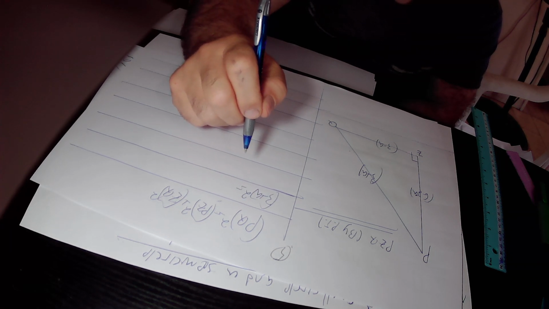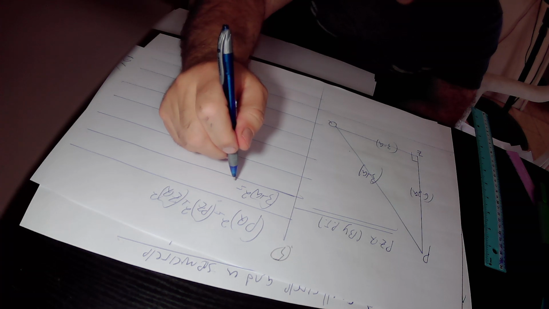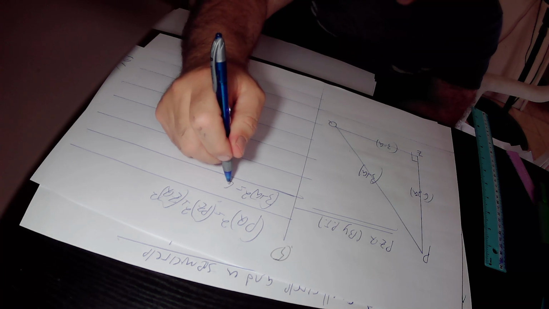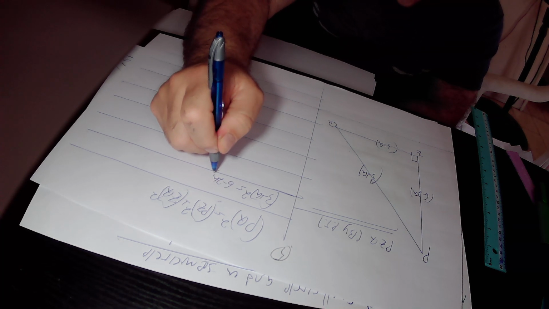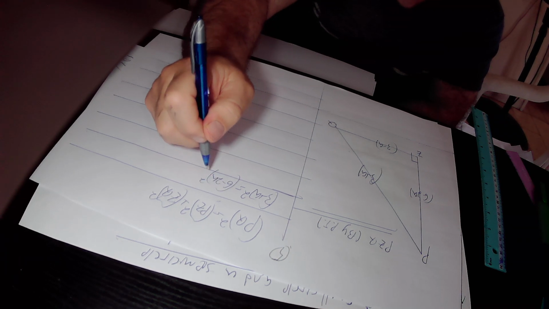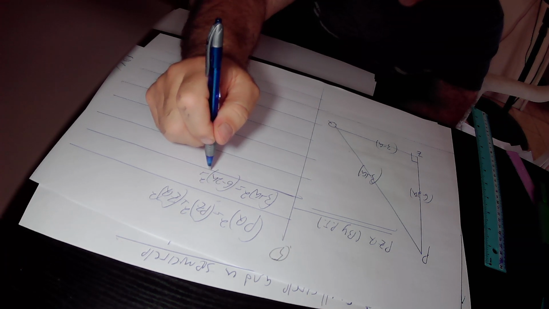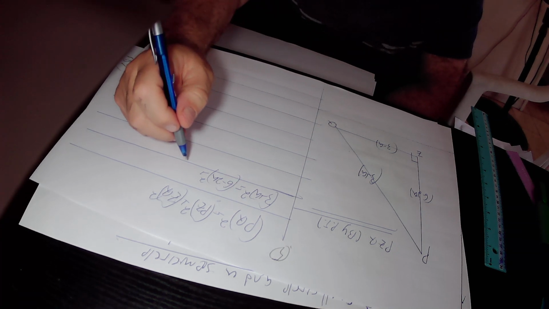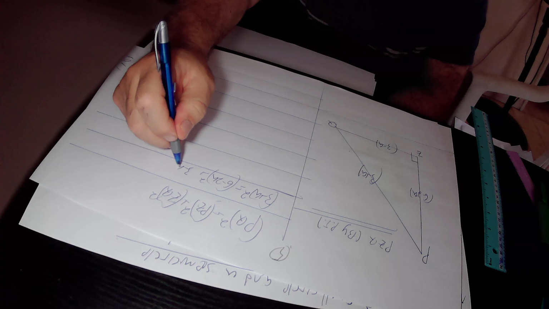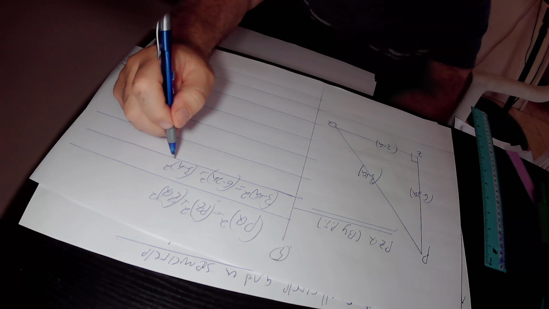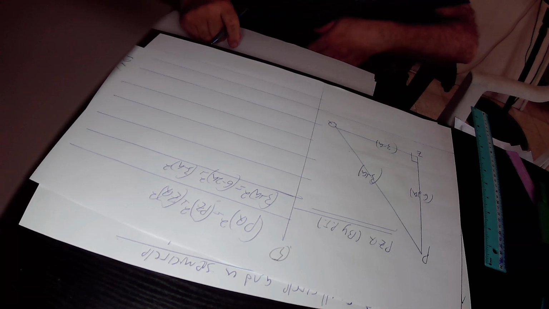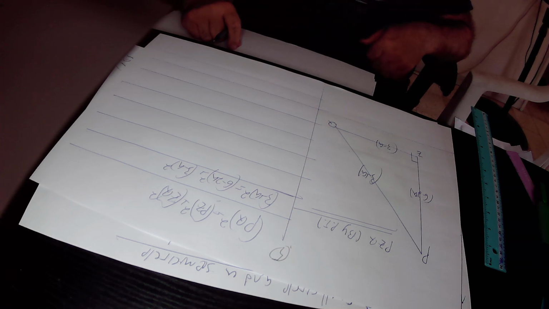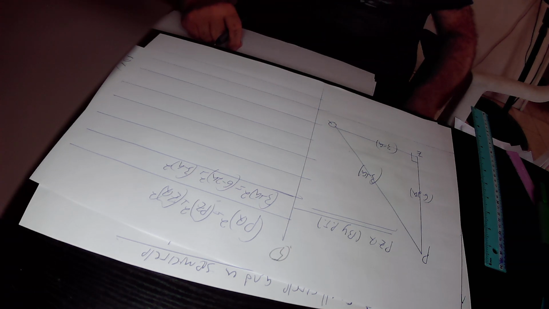And it equals PZ squared. PZ is 6 minus 2a, therefore PZ squared is (6 minus 2a) squared. Plus ZQ squared. ZQ is 3 minus a, therefore ZQ squared is (3 minus a) squared. So we found that according to the Pythagoras theorem, (3 plus a) squared equals (6 minus 2a) squared plus (3 minus a) squared.